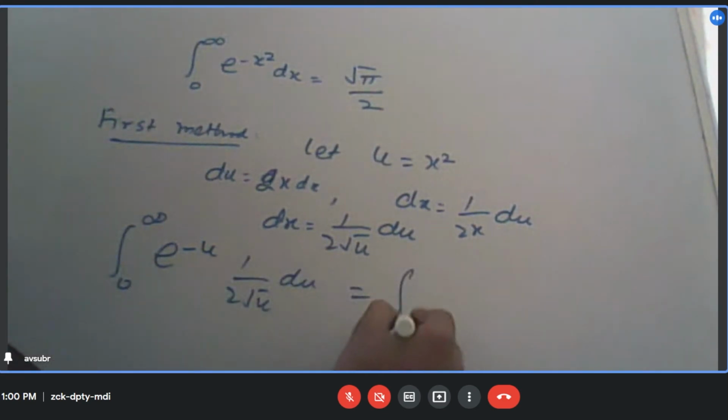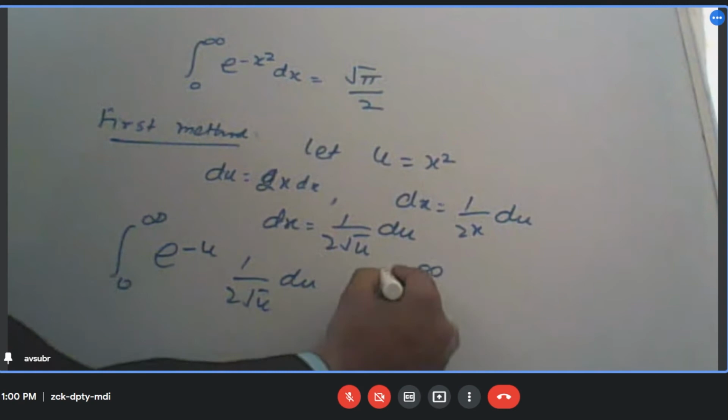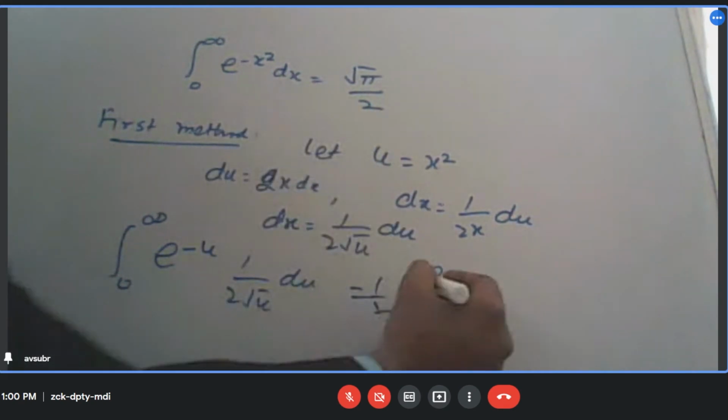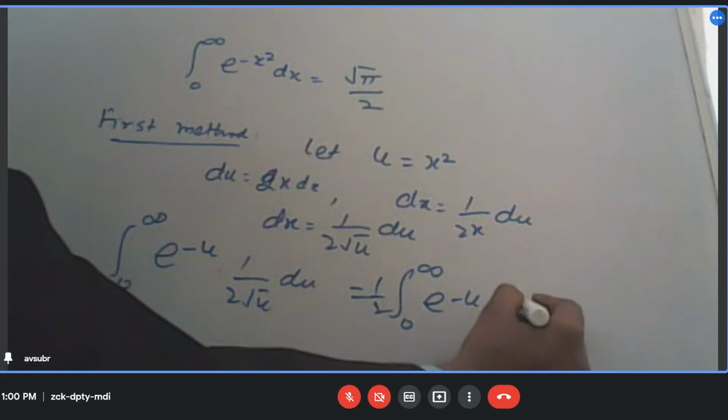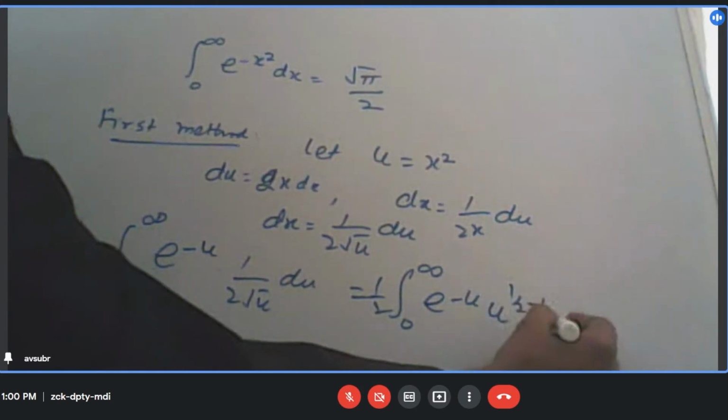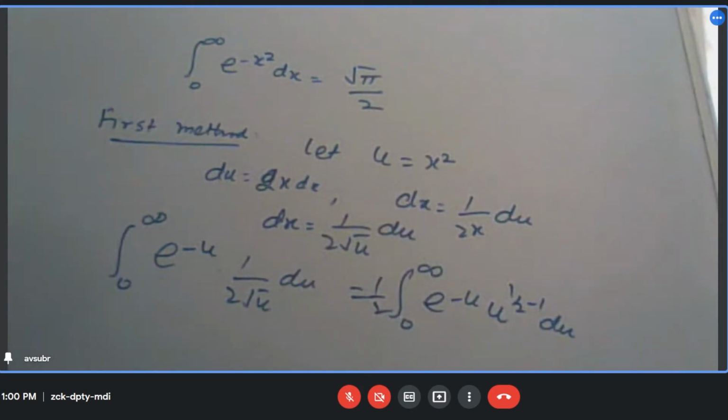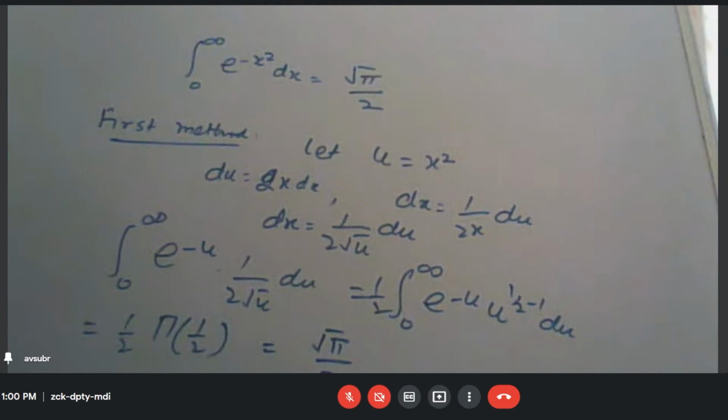Or I can write it as the integral from 0 to infinity, taking 1 by 2 out, of e to the power minus u, u to the power 1 by 2 minus 1, du. This is gamma 1 by 2, right? And gamma 1 by 2 is root pi. So root pi by 2. Clear?